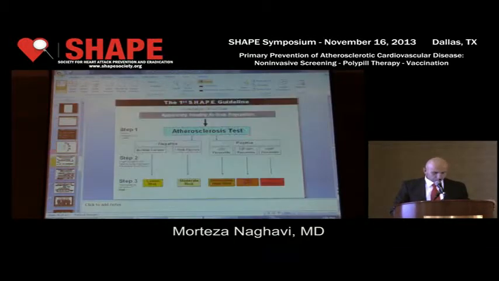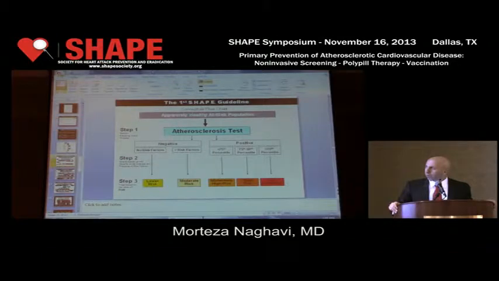So the SHAPE Task Force, published in 2006 but developed in 2005, said you need to start with assessment of risk, not risk factors, by looking at the disease itself. An atherosclerosis test at that time was defined as coronary calcium and carotid IMT and plaque. I emphasize the plaque part.